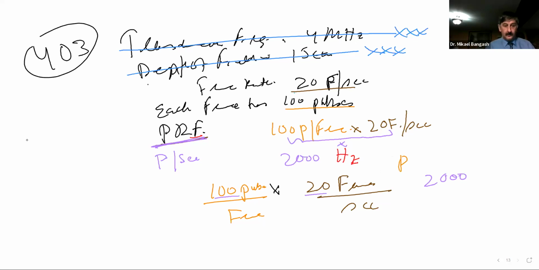Now, what do you have left? Pulses per second. Here, this pulses per second just becomes your PRF.